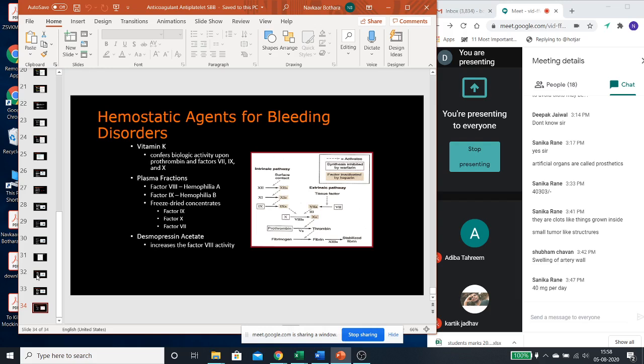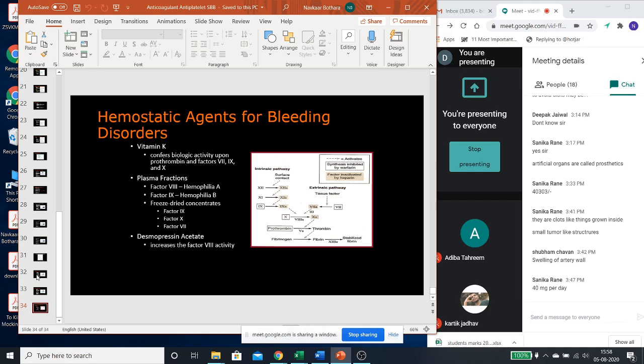So whenever there is insufficient bleeding control, to avoid it we can give vitamin K. It is important for synthesis of factors 9, 10, 7 and prothrombin.